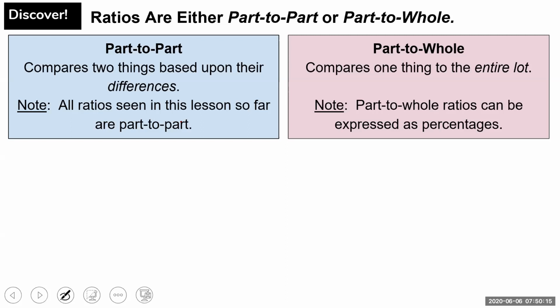Nice. So let's continue. Now we have what we call part to part and part to whole. Part to part compares two things based on their differences, and part to whole compares two things to the entire lot. Is that okay? Now I'm going to make a case. I'm going to let you understand this in very simple terms.